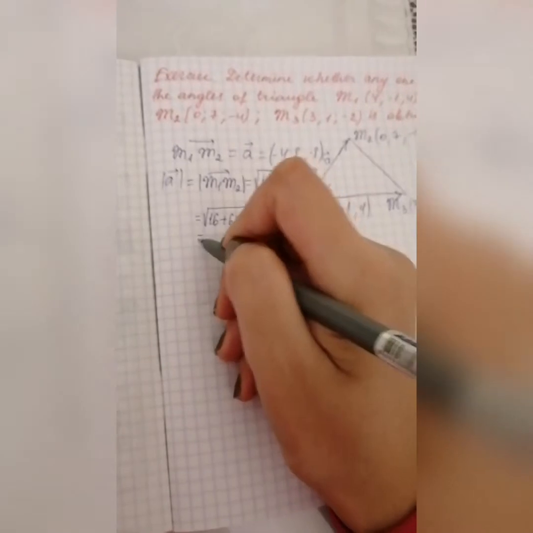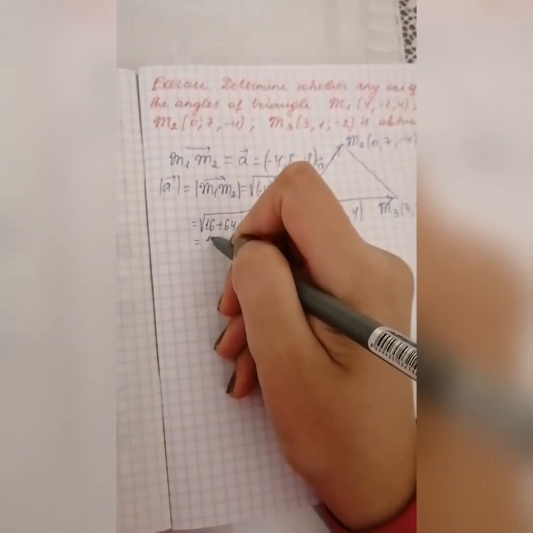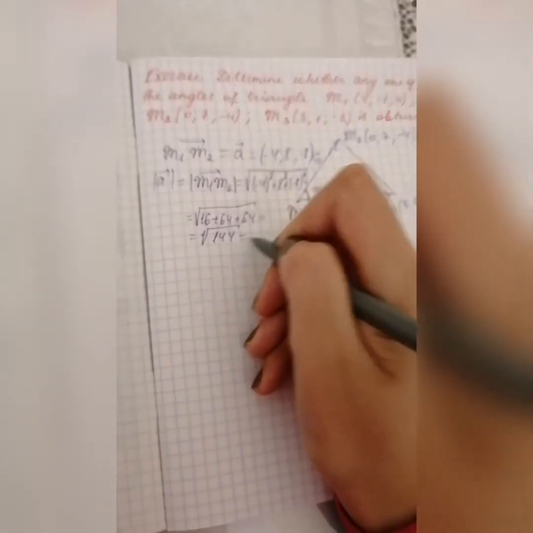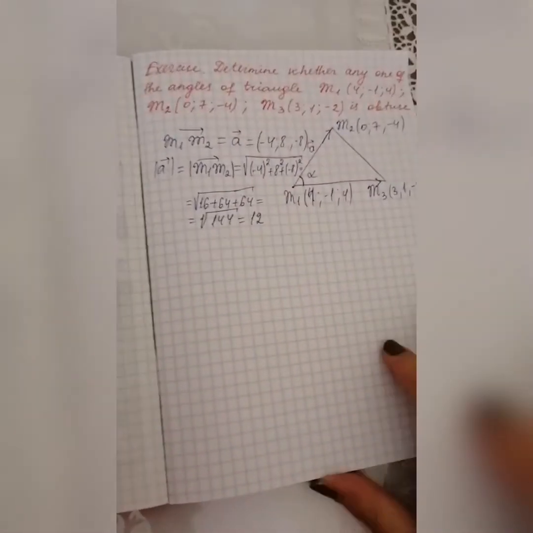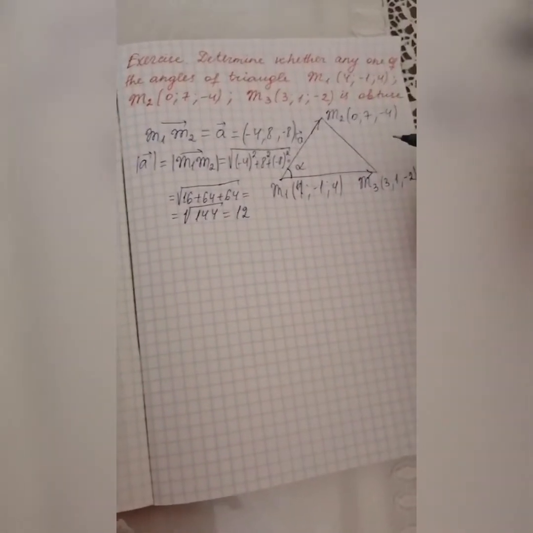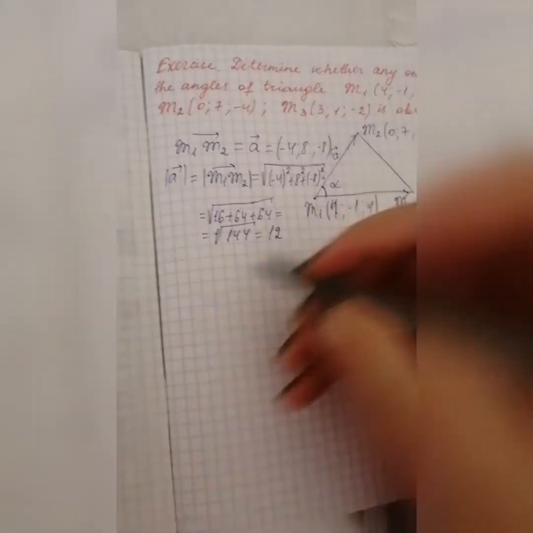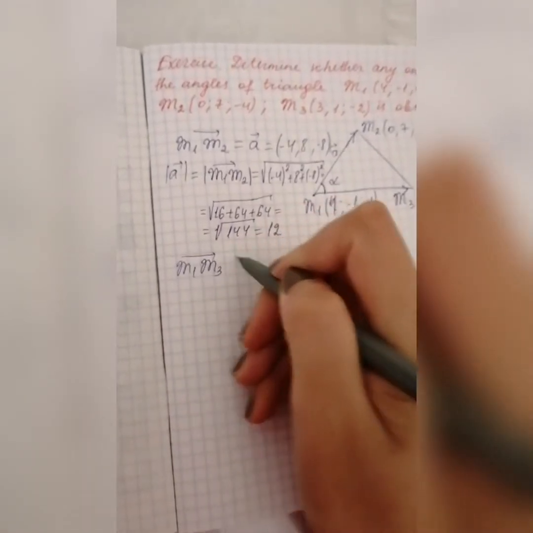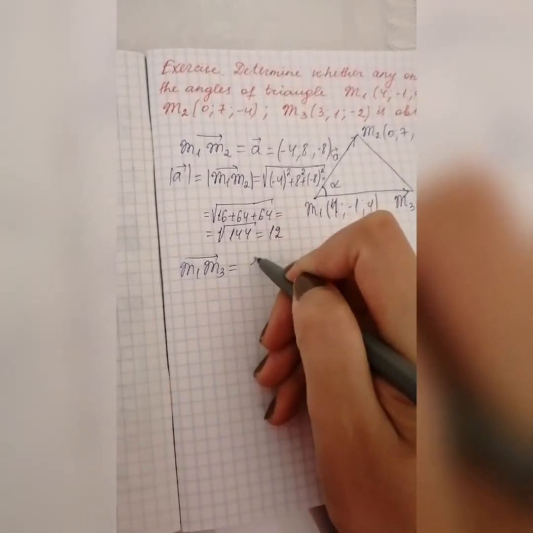This is equal to the square root of 144, and this is equal to 12. Sorry, that's 12. And the vector M1M3, we can call this vector B.